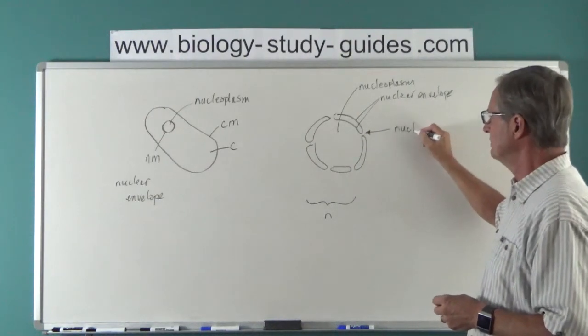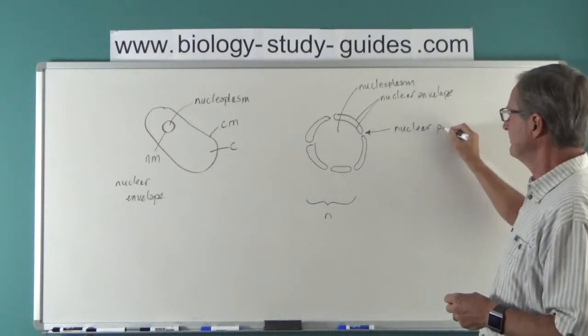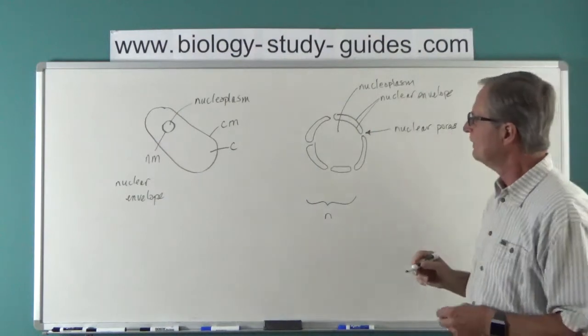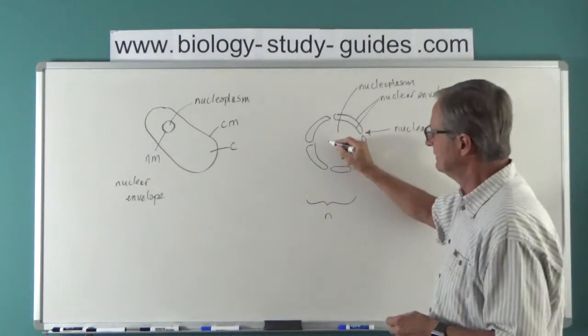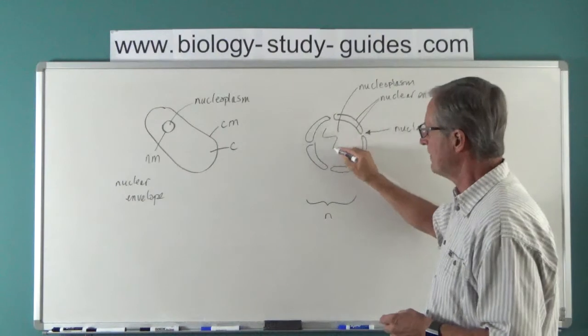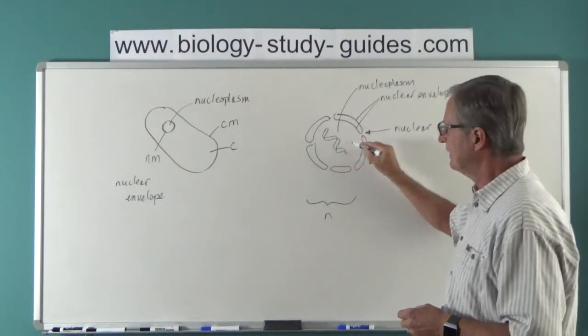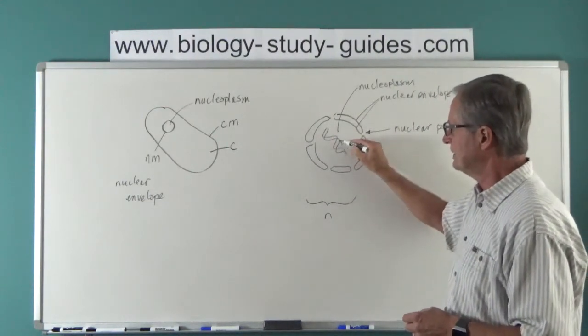Nuclear pores. What's inside here is where the chromosomes are. We remember DNA is that double helix structure, so I'll just draw one like that. There's our DNA in here.